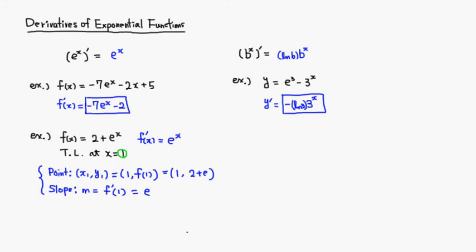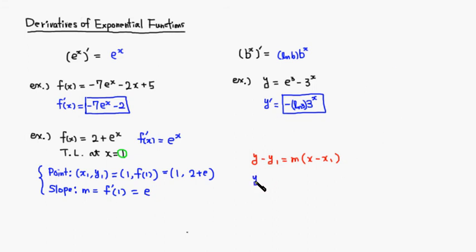By using the point slope form, remember the point slope form goes like y minus y1 is equal to slope m times quantity x minus x1. Let's put those numbers in there.